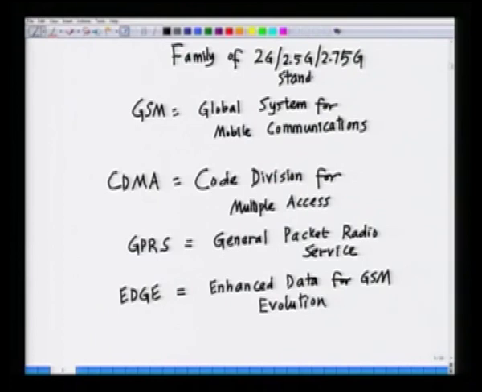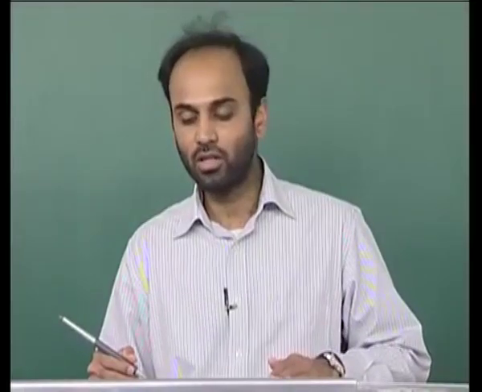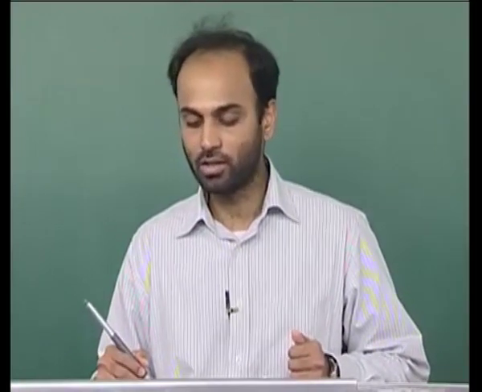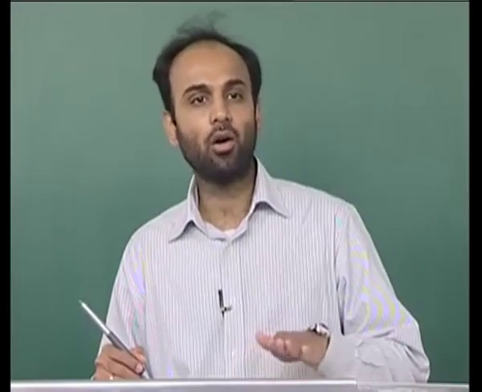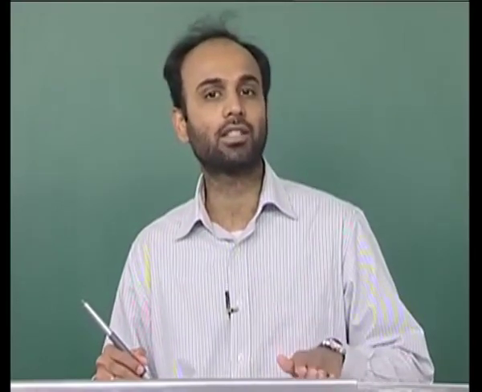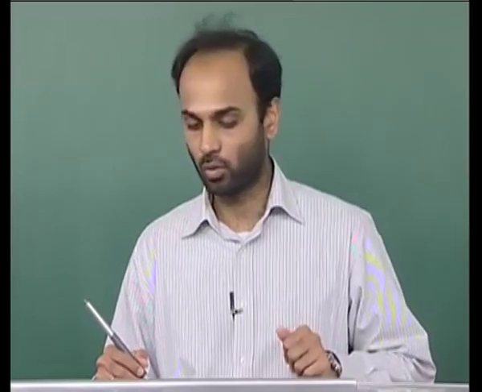So, this is the family, that is GSM, CDMA, GPRS, EDGE. These enable you to place voice calls from mobile to mobile, and also some basic internet access, packet data access over cellular networks.